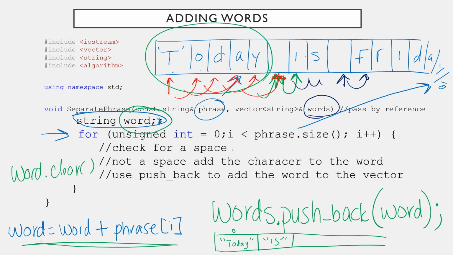Your new word is going to be Friday. Then you're going to push Friday on here. And now you have a vector that has 3 strings all separated, taken out from your phrase. Your phrase has now been separated into 3 different strings that are stored in a vector.